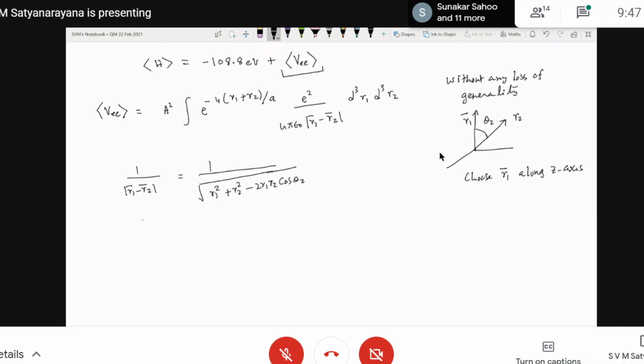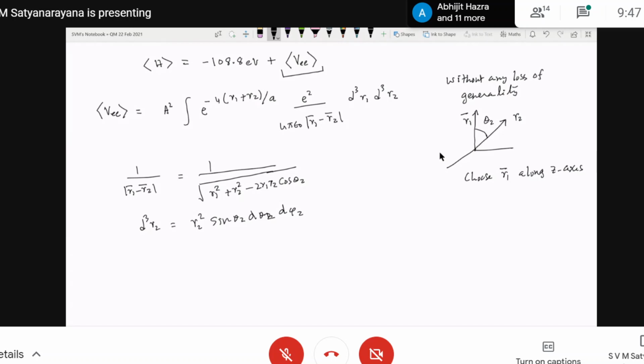And you write your d3R2 as R2 squared sin theta 2 d theta 2 d phi. And then you can integrate this.